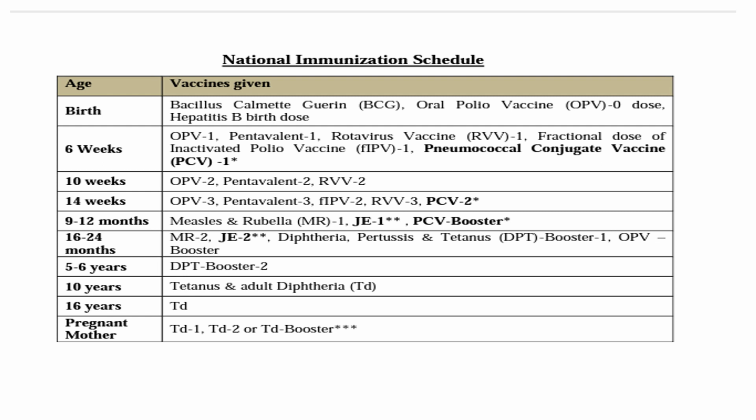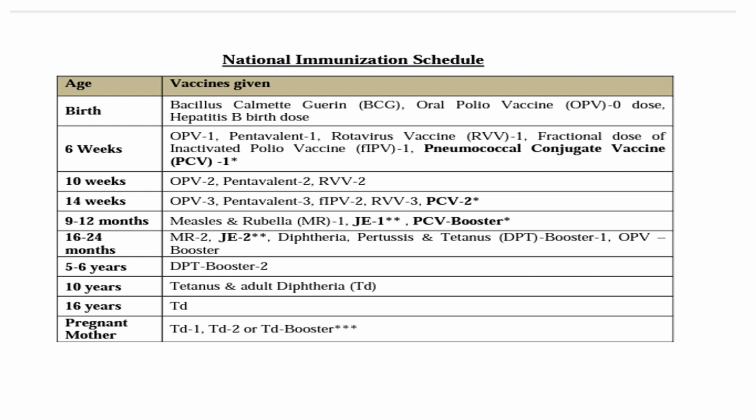At 10 weeks, we have OPV 2, pentavalent 2 and RVV 2. We do not have the fractional dose of inactivated polio vaccine or the pneumococcal conjugate vaccine. Again, at the age of 14 weeks, we have all the 5: OPV 3, pentavalent 3, FIPV 2, PCV 2 and RVV 3.